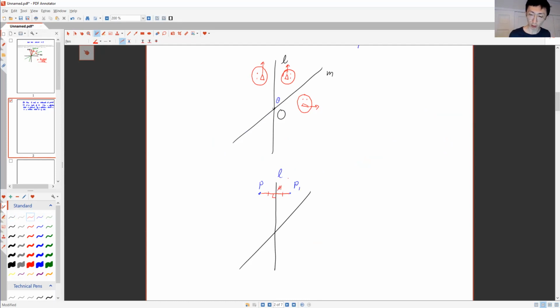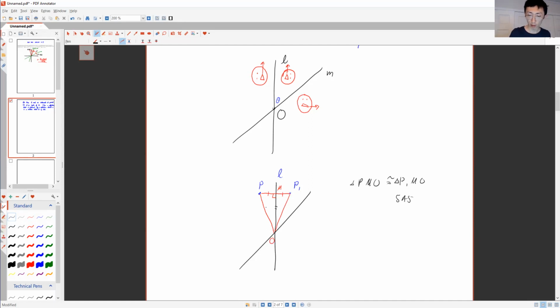So PM equals MP1. Triangles PMO and P1MO are congruent by side angle side.